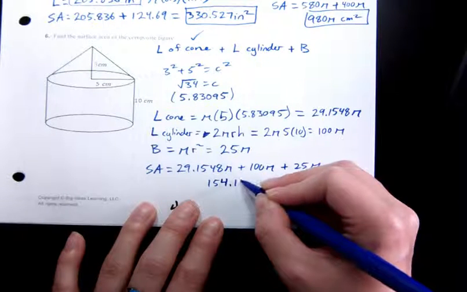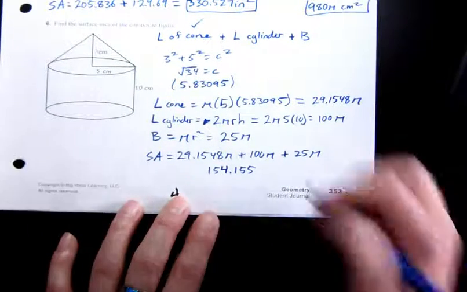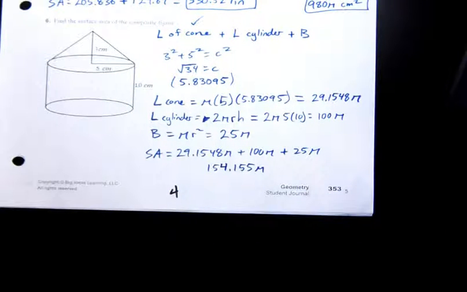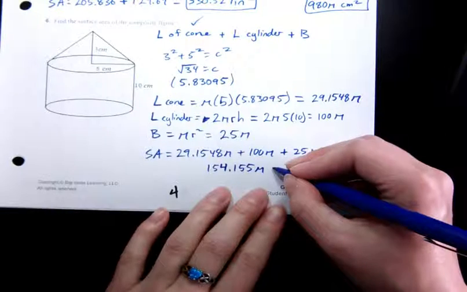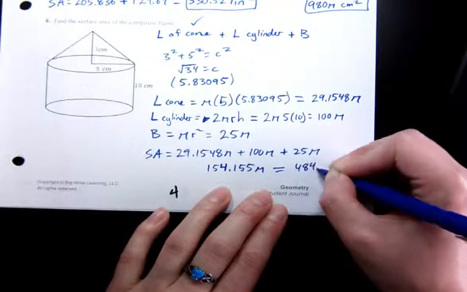I got 154.83. You're adding the rounded pis in. You're not supposed to round until the very last step. And so then that equals 484.29.